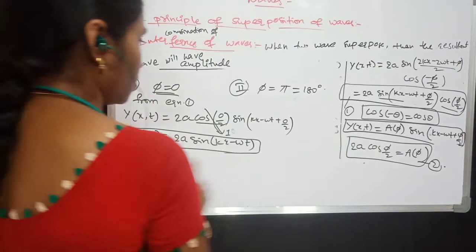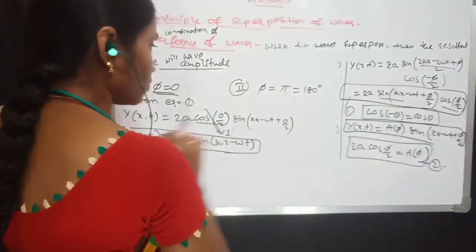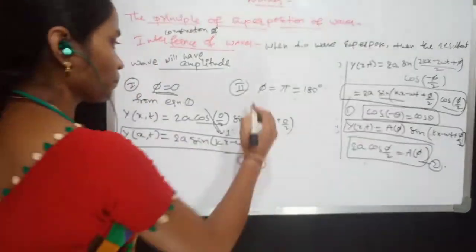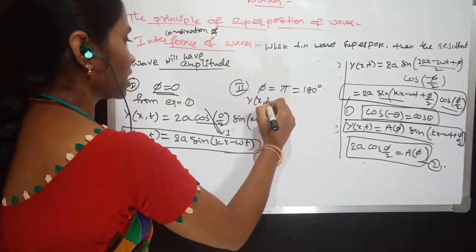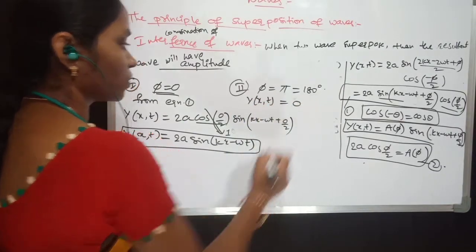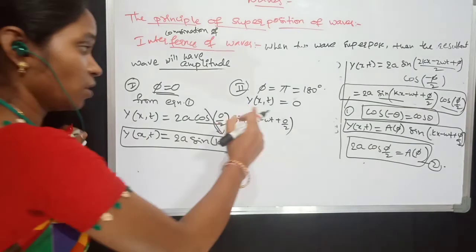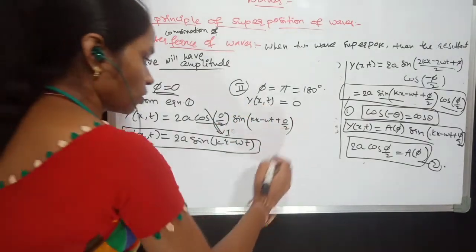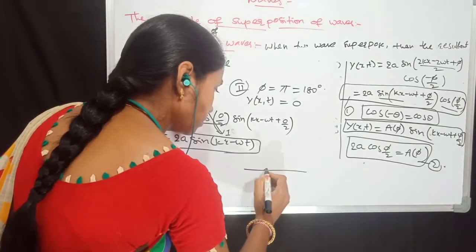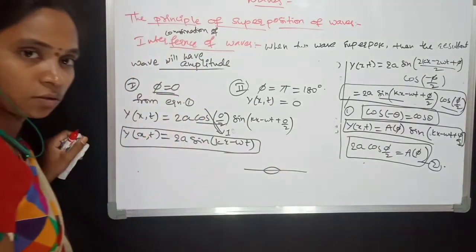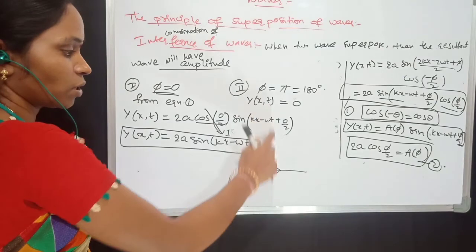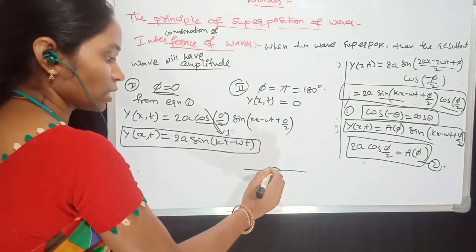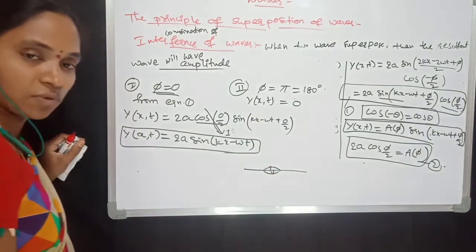And if there is a phase difference of 180 degrees, then the resultant displacement equation will be equal to 0. That is, there is no displacement of the particles. Whenever two pulses overlap each other, the resultant displacement of the particles will be equal to 0.